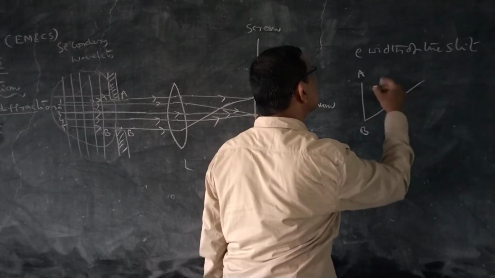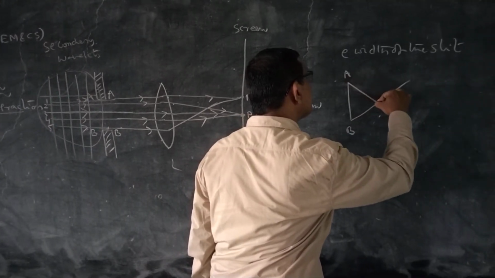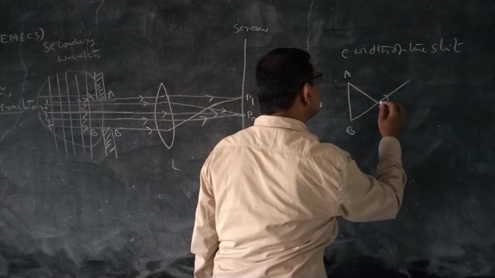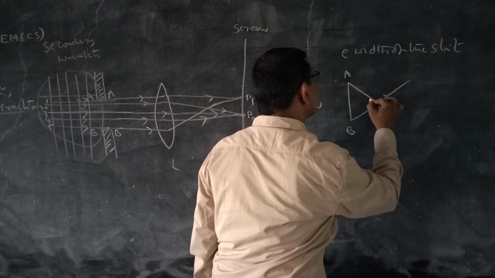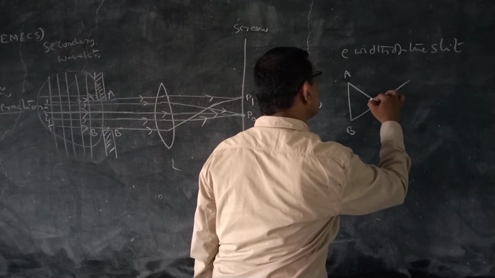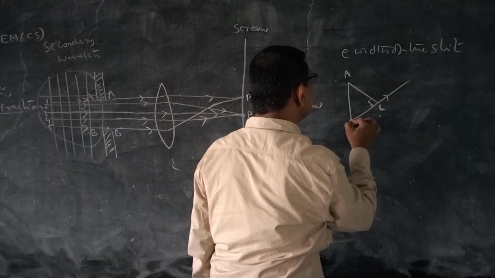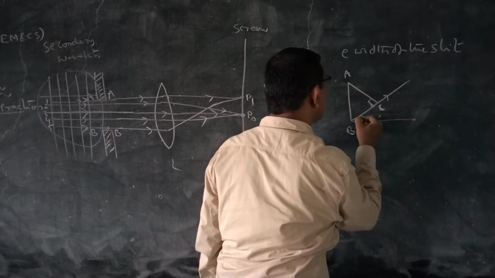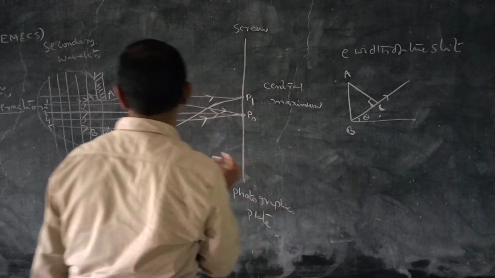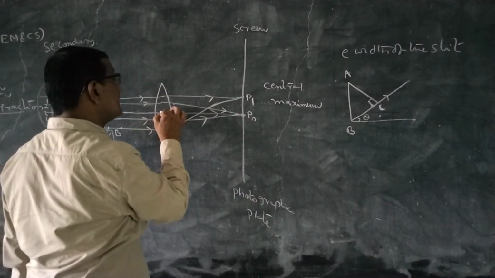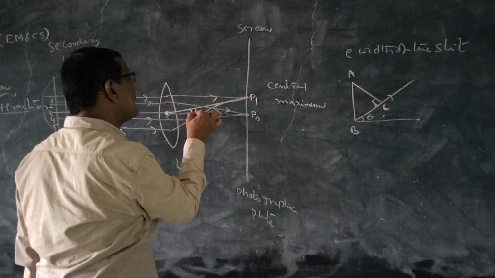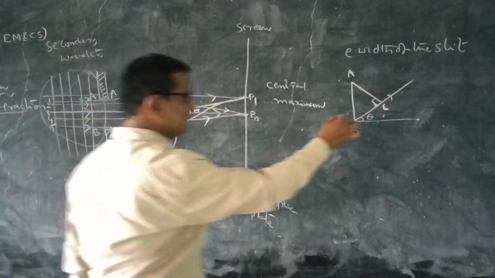Now suppose we draw a perpendicular here, let it be C. Here it is 90 degrees, and here is the deviation, let this angle be theta.